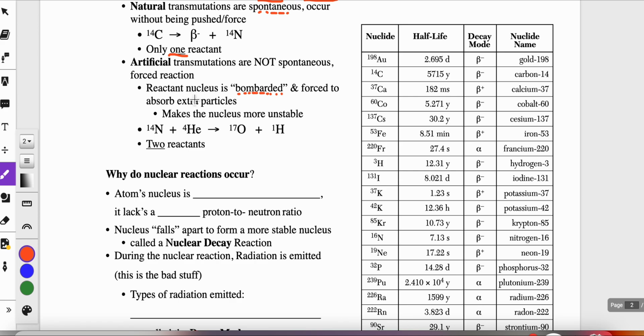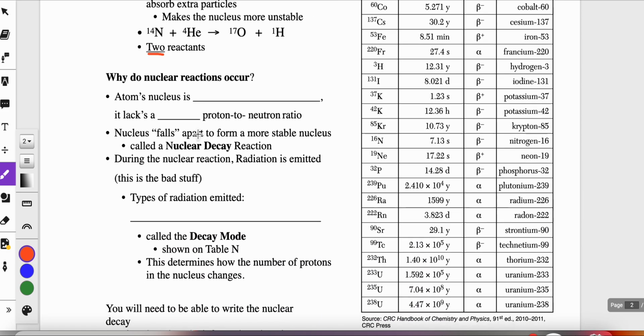The reactant's nucleus is bombarded and forced to absorb extra particles, which makes the nucleus even more unstable. You can tell that it's a nuclear reaction because the element symbols on the left are different than those on the right, but in the artificial case, you will see 2 different reactants.